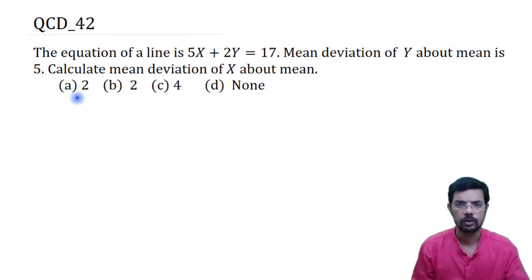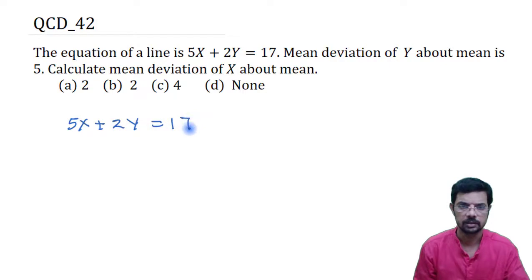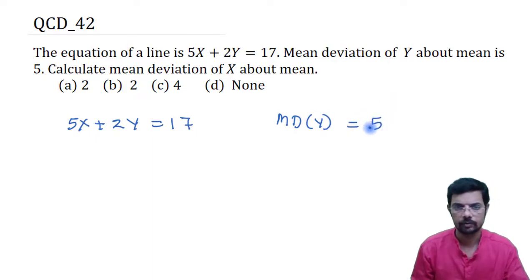So we have 5x plus 2y equal to 17, and the mean deviation of y, md of y, is equal to 5.